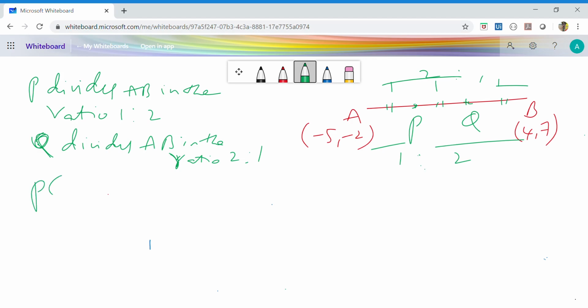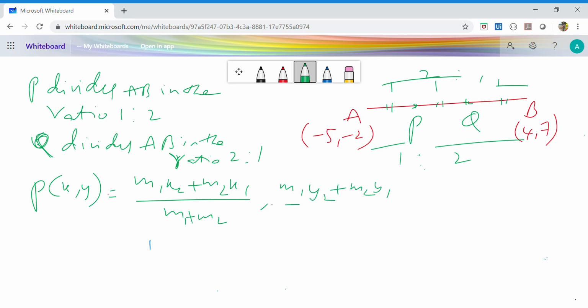What is the section formula? Which divides, which is the interior point? P is the interior point of AB. Then P divides AB in the ratio m1:m2, so the point is m1x2 plus m2x1 by m1 plus m2, next m1y2 plus m2y1 by m1 plus m2.